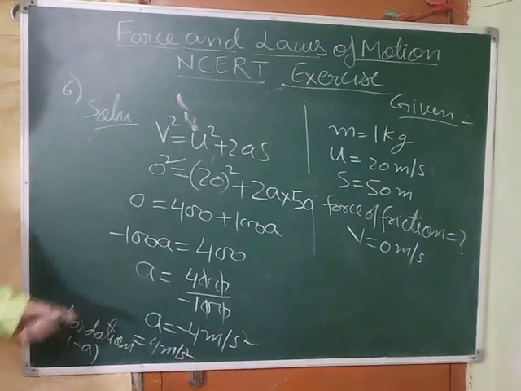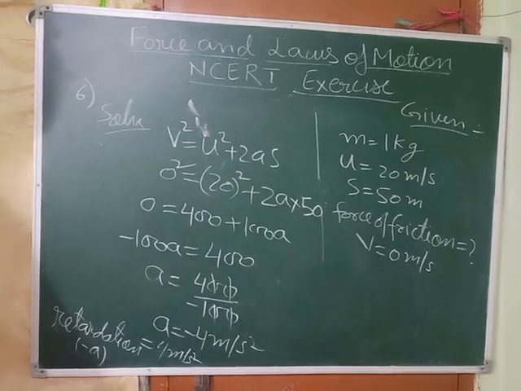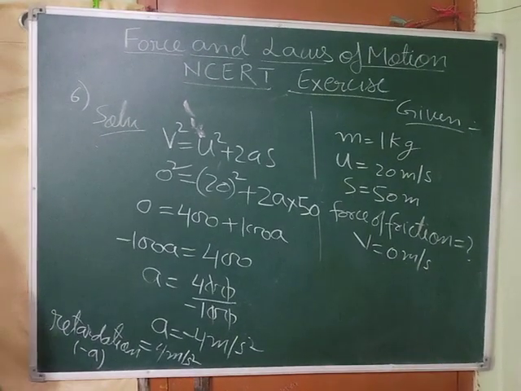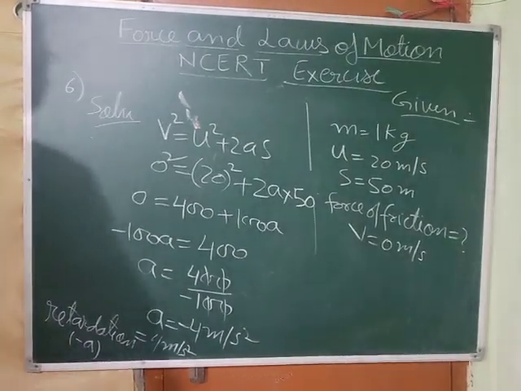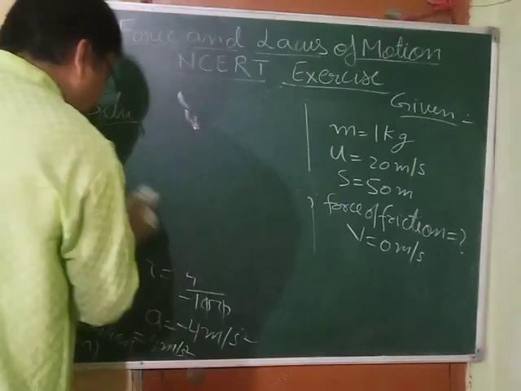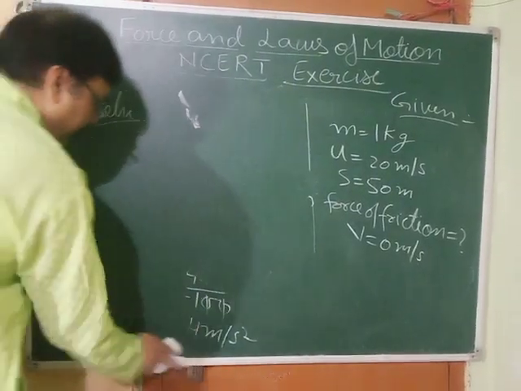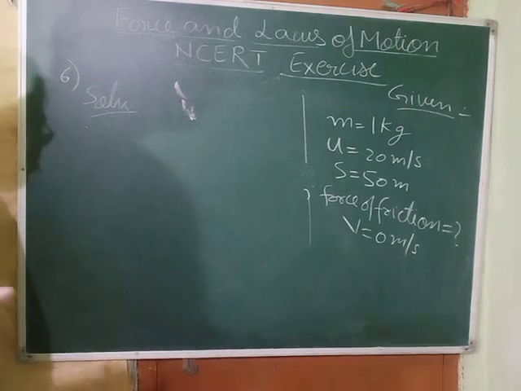So you got this, but you have to find out force. Just note it down first, then I will tell you. Noted? So we got the acceleration minus 4 meter per second square. But we have to find out the friction force. This retardation occurred due to the friction force only.